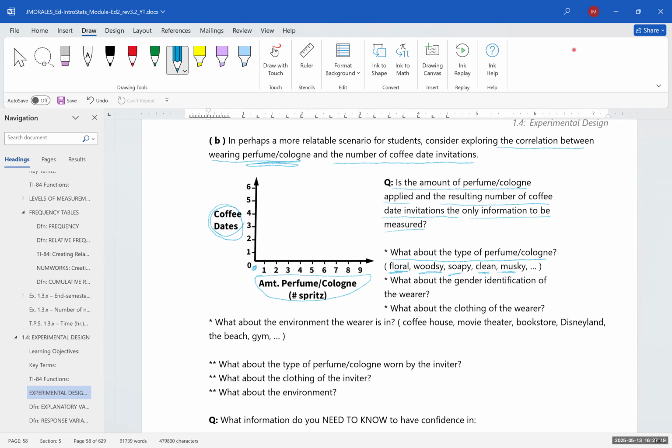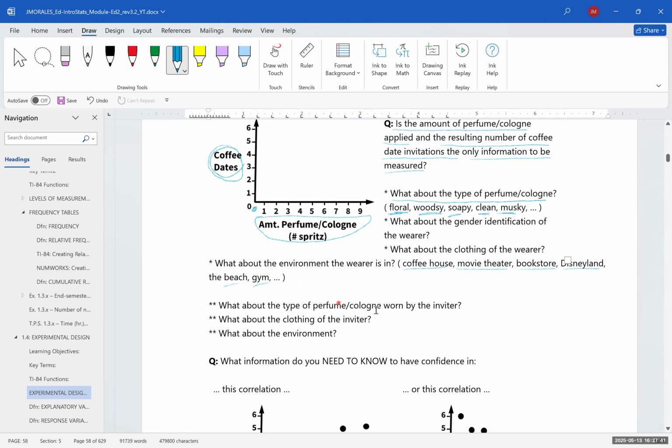What about the gender identification of the wearer? What about the clothing of the wearer? What about the environment the wearer is in? Was this person in a coffee house, a movie theater, bookstore, Disneyland, beach, the gym?